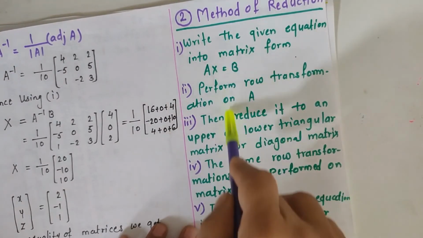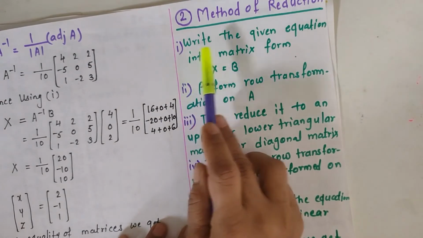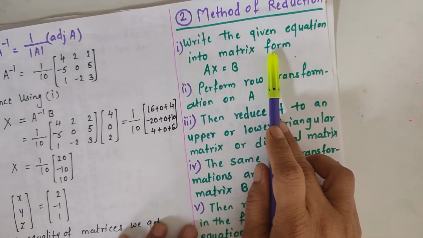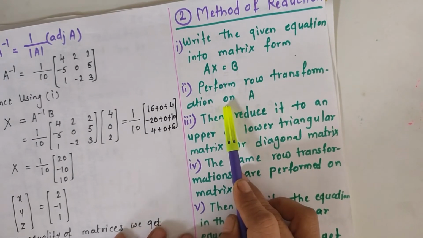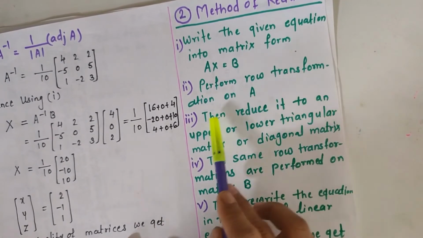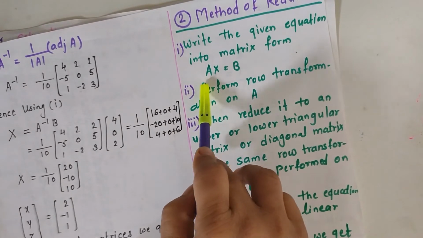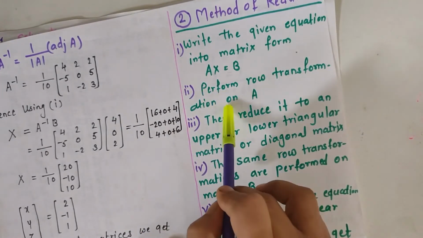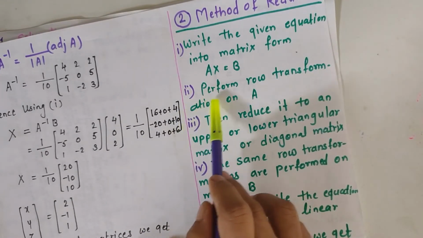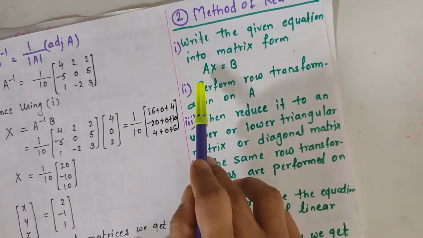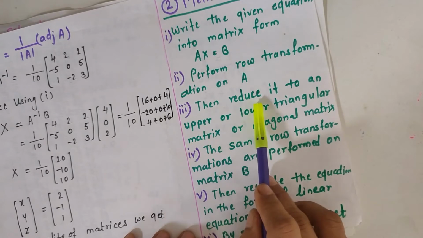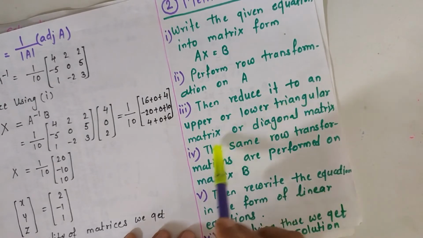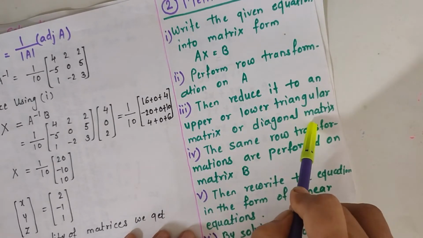we have some steps. First step is to write the given equation into matrix form, A X is equal to B. Second step, perform row transformation on the matrix A. In this method, we have to perform row transformation on the matrix A, then reduce it to an upper or lower triangular matrix or diagonal matrix.